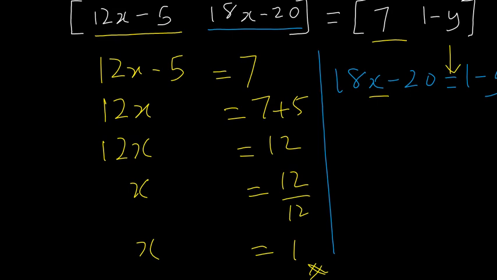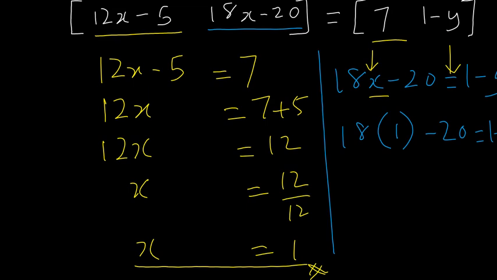You have to substitute your x, the x that you have got just now, into here. So 18, your x is 1, minus 20 equal 1 minus y. Okay, so 18 minus 20 equal 1 minus y.